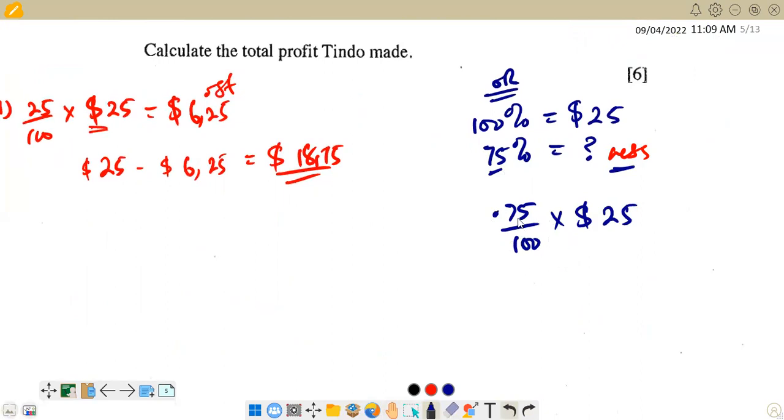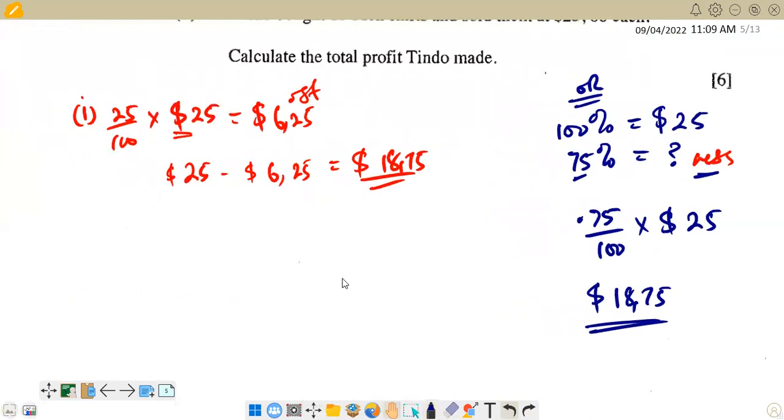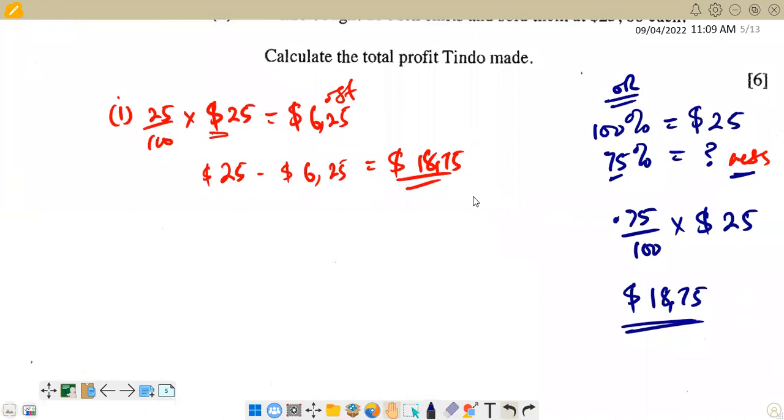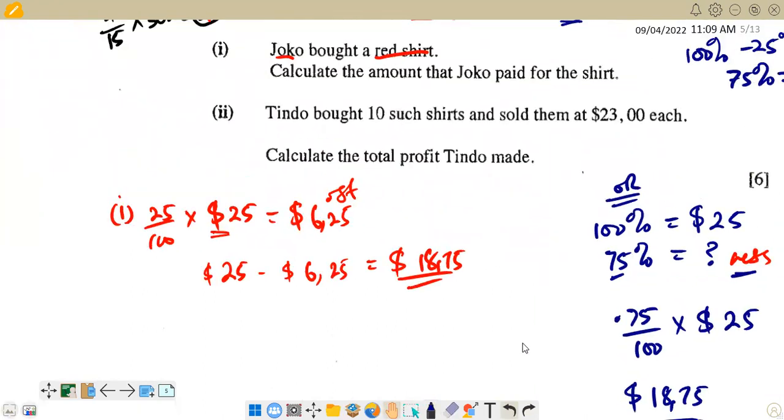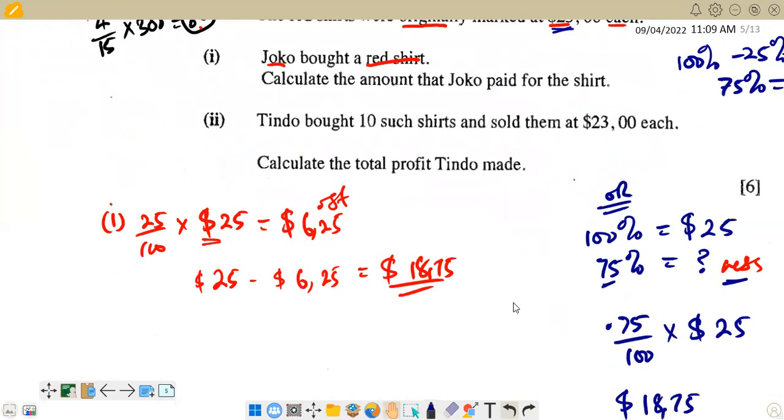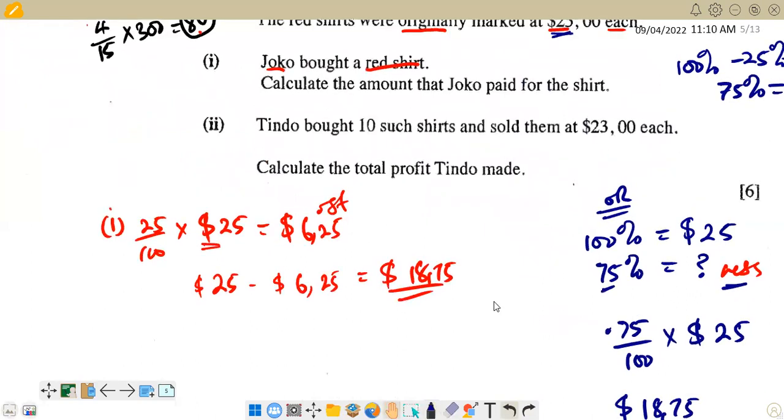So if you multiply 75 over 100 times $25, this is going to give us $18.75. So still we are obtaining the same answer, even if we've got different ways of answering it.